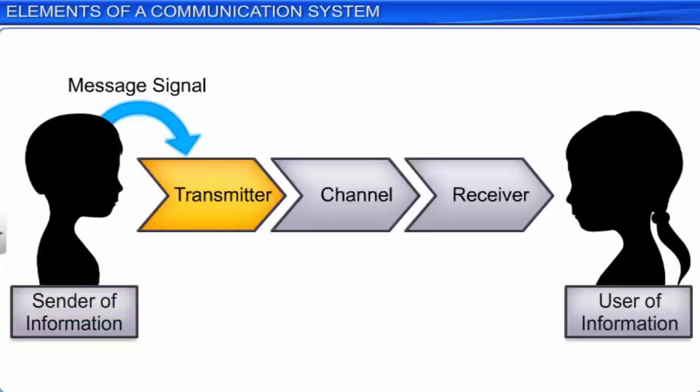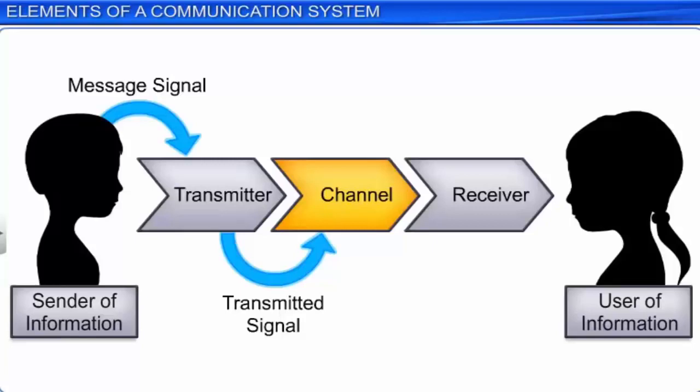Non-electrical message signals such as voice and text are converted into a suitable form to be transmitted through the channel and fed into the transmitter. The transmitter sends the signal to the channel. A channel may be a network of cables and wires or wireless information pathways through satellites.